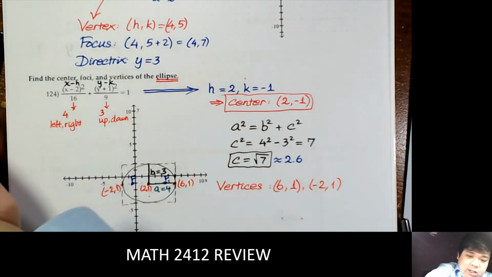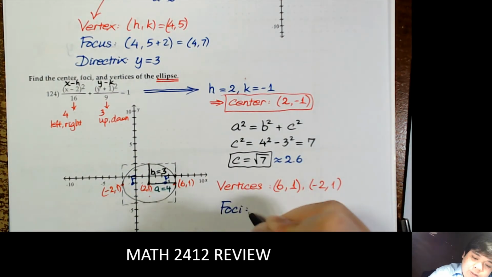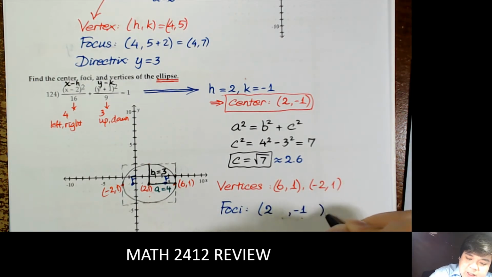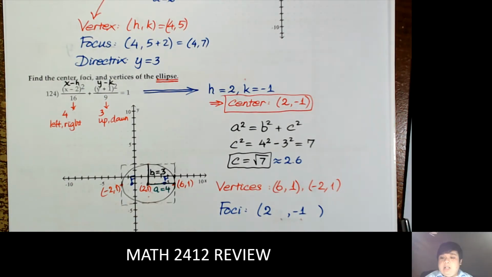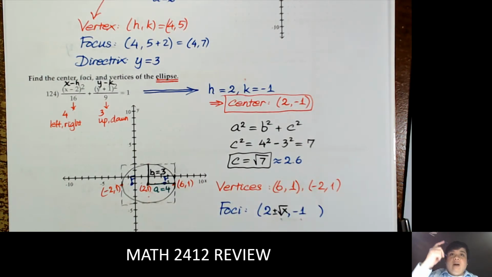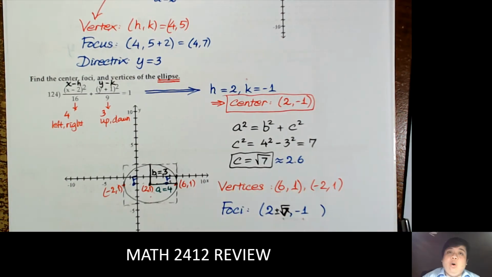The foci, there are 2 of them. From the center of 2 and -1. Notice that they will go left and right, so for the two foci, we're just going to add or subtract in the x component. If we go up and down, it's going to be added to the y component.